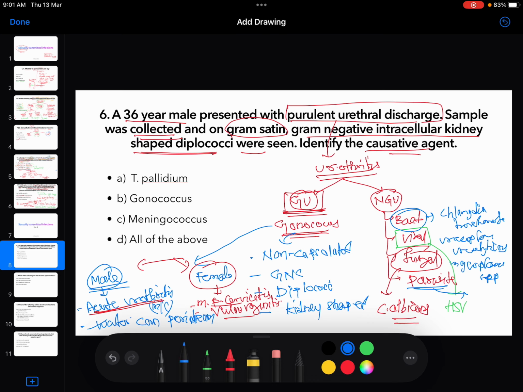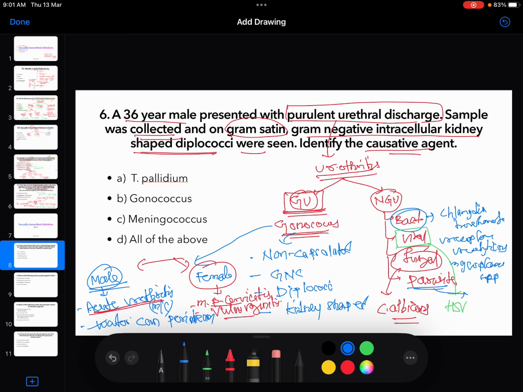In Chlamydia trachomatis, only serotypes D to K cause non-gonococcal urethritis, not A to C. A to C cause trachoma, in the eye, and D to K cause non-gonococcal urethritis.